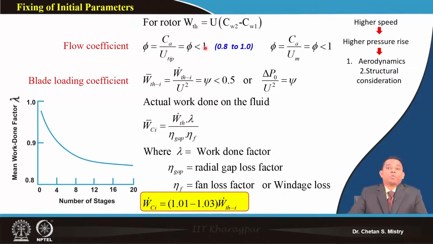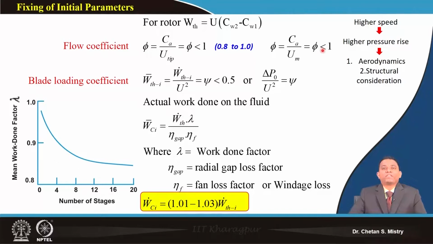In some open literature, people define this flow coefficient at the mid station also, given by axial velocity divided by peripheral speed at the mean station. So you need to be very careful which parameter is given. We will see the uses of this flow coefficient. It needs to be less than 1.